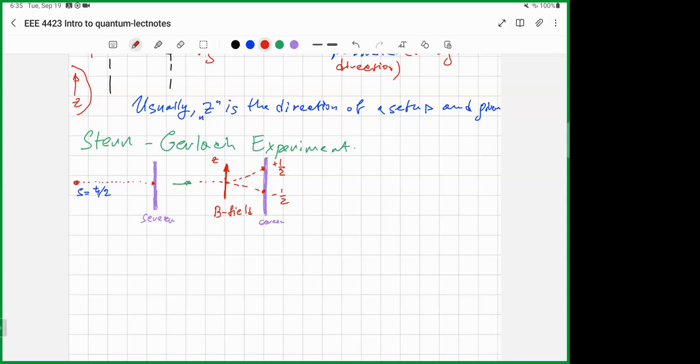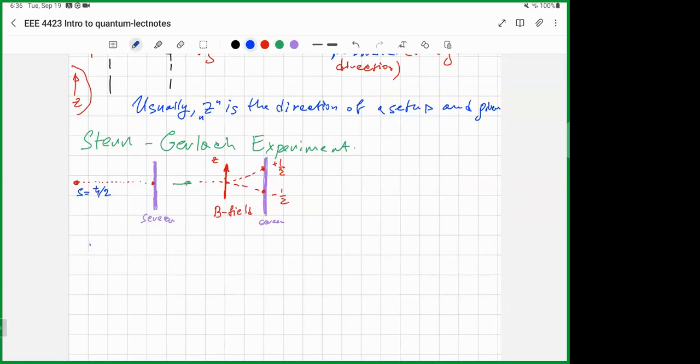So this spin is a quantum quantity. Before measurement, we get superposition of two spins. You can even write this somehow like this.